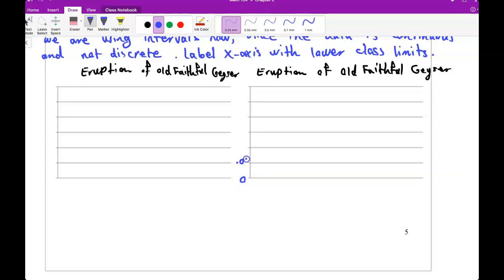Here is 5%, 10%, 15, 20, 25. So this one is for relative frequency. Okay, let's write it. So this is for relative frequency.